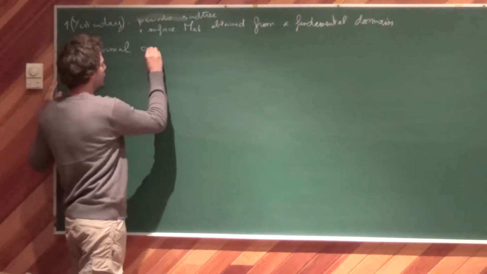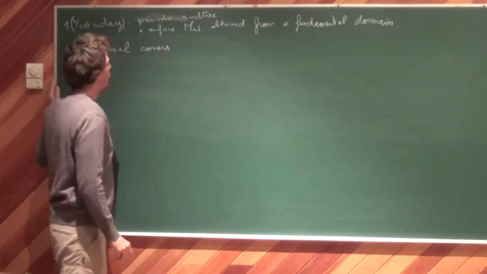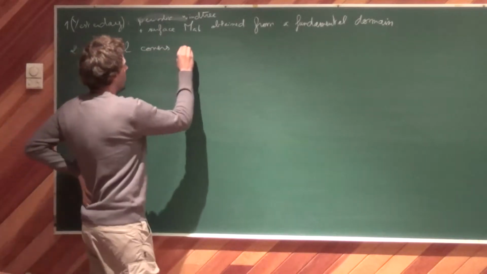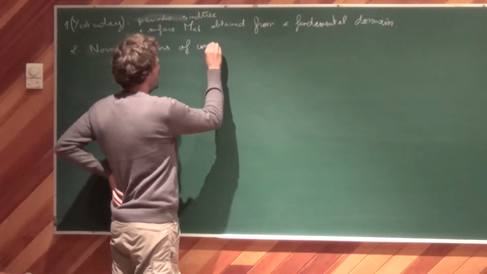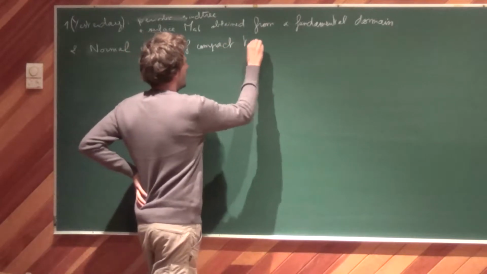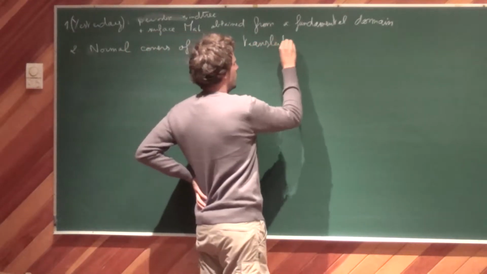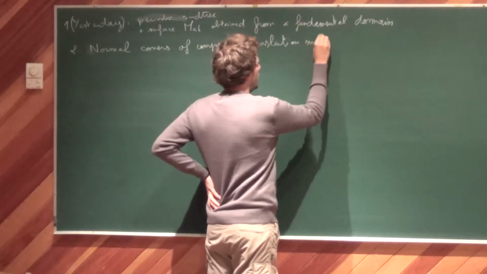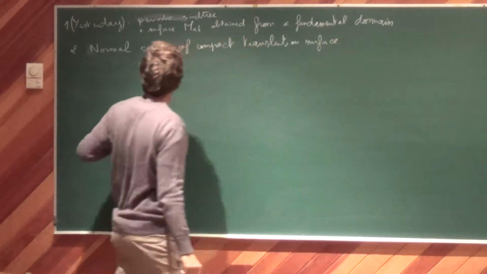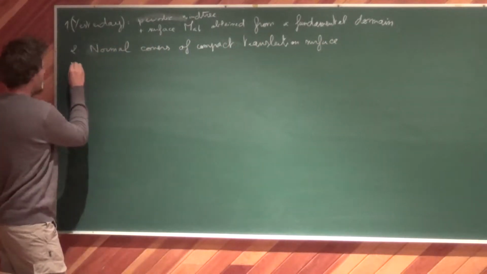So normal covers of compact translation surfaces. And the Winfrey model is an example of such surfaces.